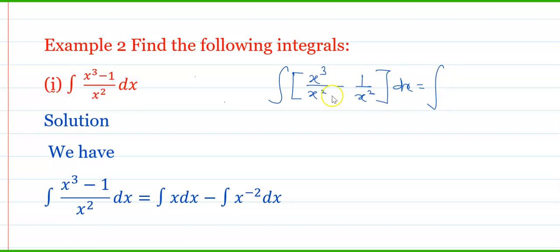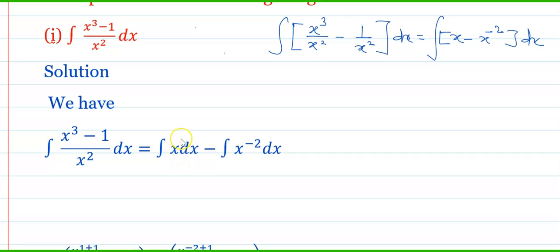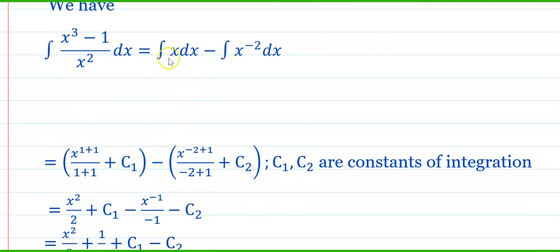Now again by the law of indices, x raised to 3 upon x square is nothing but x, and 1 upon x square means its exponent becomes minus 2, dx. Now you can find the integral of x. Its power is 1, therefore x raised to 1 plus 1 upon 1 plus 1 plus c1, a constant of integration.